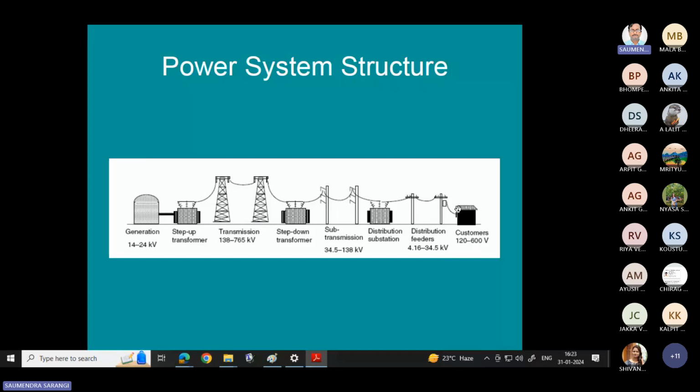And when we are talking about this power system, the switchgear and the protection of the whole system, why do we require this protection? Because if you observe these transmission lines, the transformers, and all these lines, they are open to nature, they are open to the environment. So at any time any problem may happen.